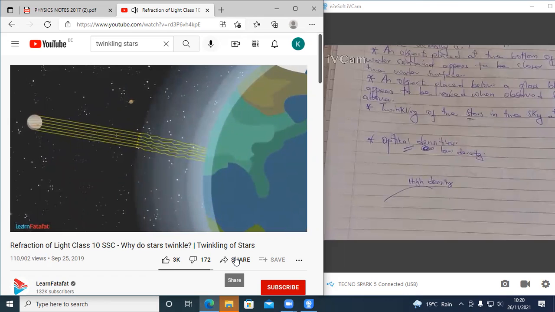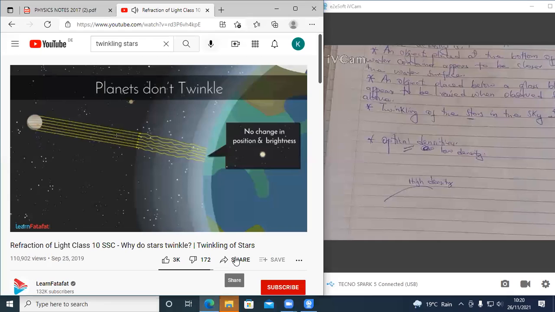But while reaching the observer, they nullify each other's effect. That means neither the position of the planet changes nor is there a change in brightness of light coming from them. The intensity of incoming light does not change. It remains constant, and so planets don't twinkle.